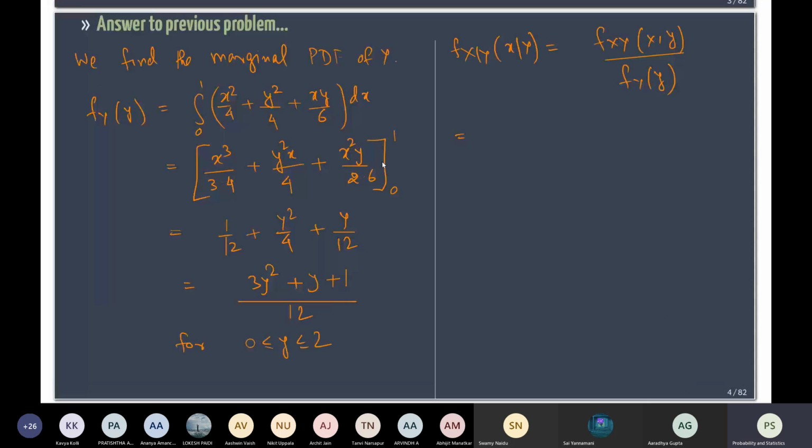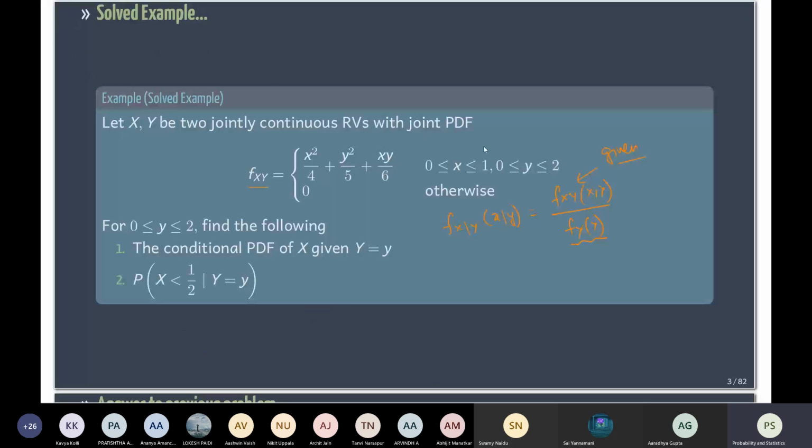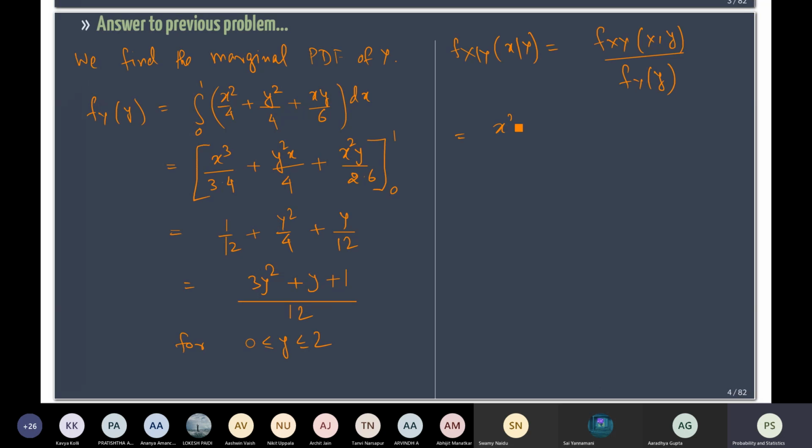We have x squared by 4 plus y squared by 4 plus xy by 6, divided by f_Y(y). f_Y(y) is this guy: 3y squared plus y plus 1, divided by 12. Now if we simplify this further, what are we supposed to get?